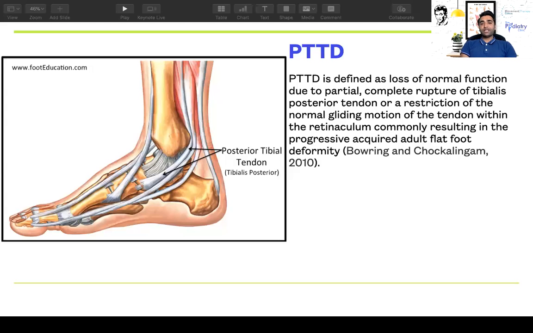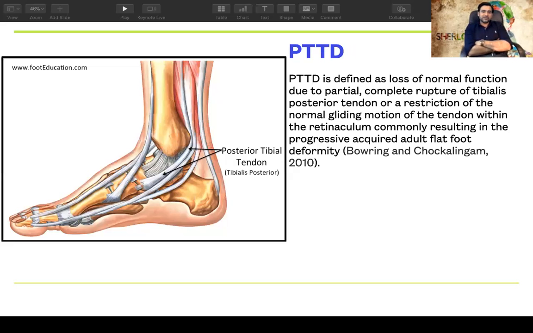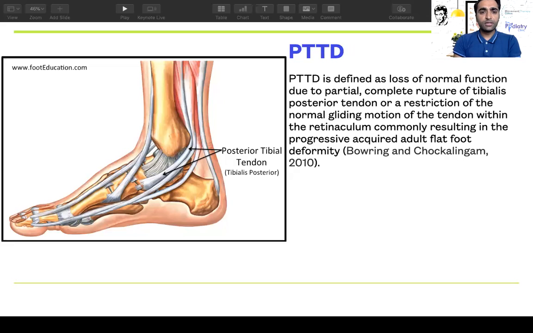So, posterior tibial tendon. I don't know whether I can hover it onto the annotate. I can't see my mouse.